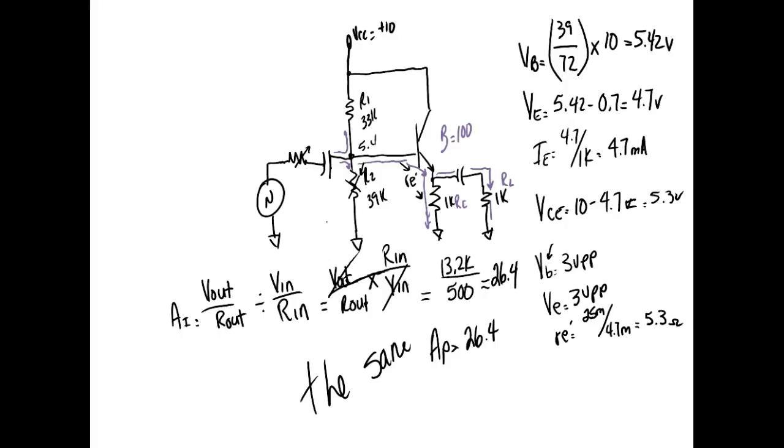Should we expect the voltage to go up or go down? Got to anticipate, guys. What do we expect? It's either going to go up or it's going to go down.